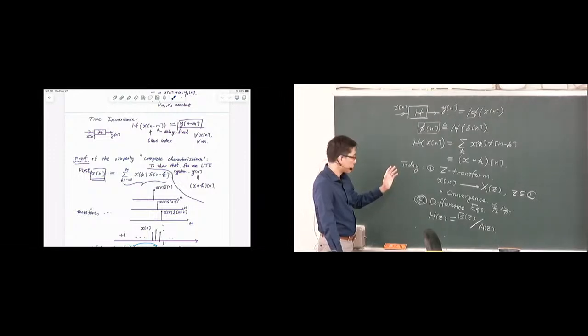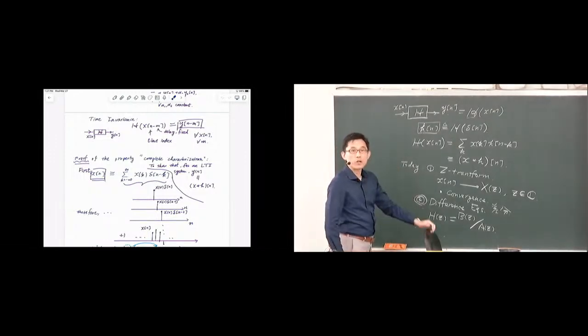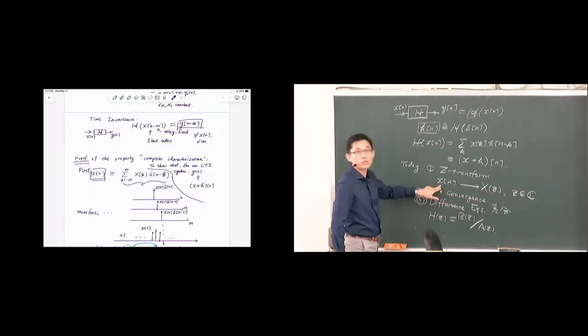We can discuss frequency response. We can discuss impulse response. We can write down a closed form expression for the impulse response using the inverse Z transform, going back to the time domain. And let me tell you the result: for stable systems, we can talk about frequency responses.